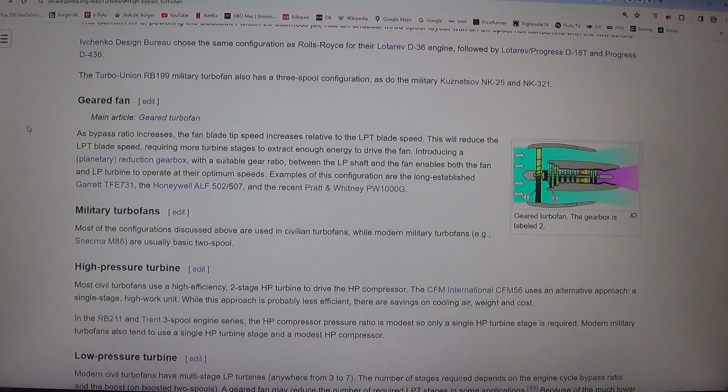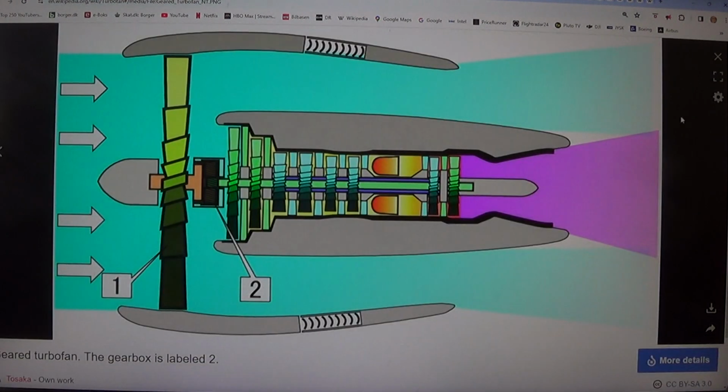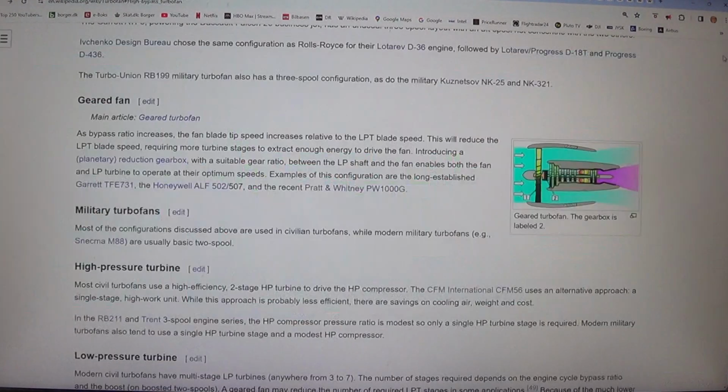Geared fan. Main article, Geared turbofan. As bypass ratio increases, the fan blade tip speed increases relative to the LPT blade speed. This will reduce the LPT blade speed, requiring more turbine stages to extract enough energy to drive the fan.